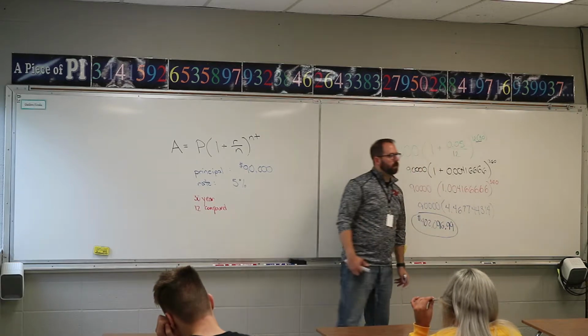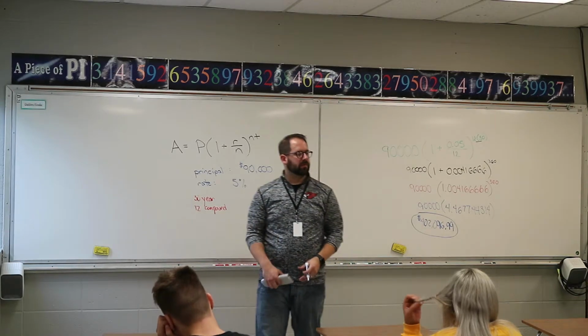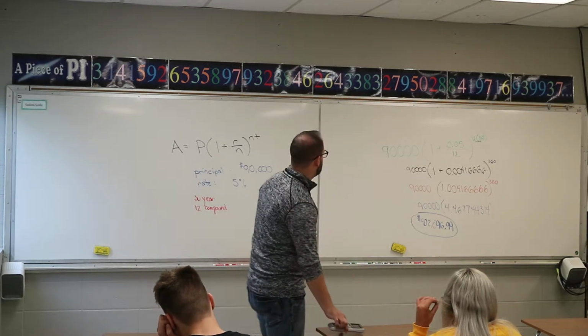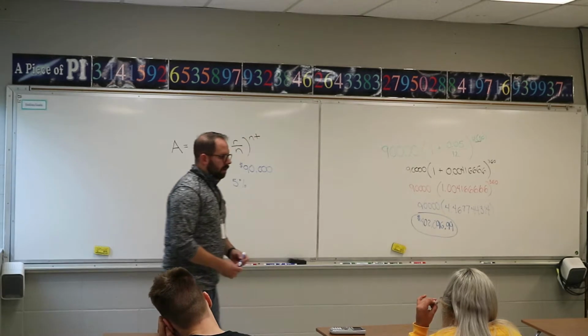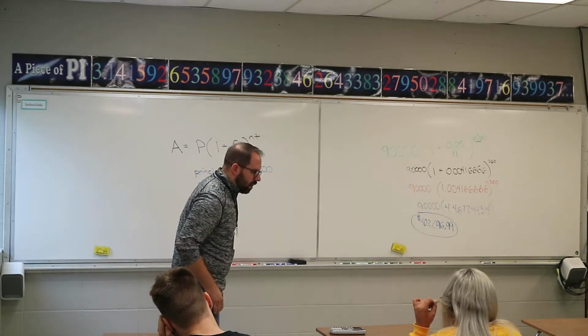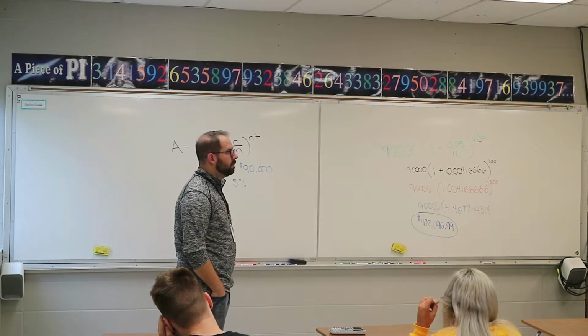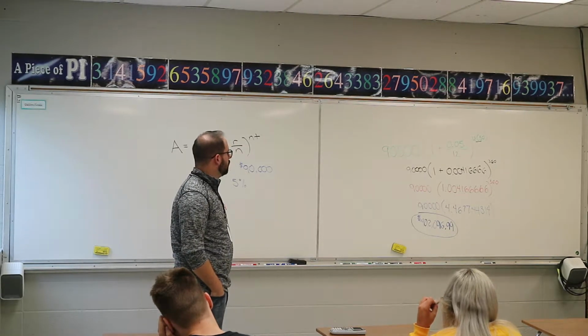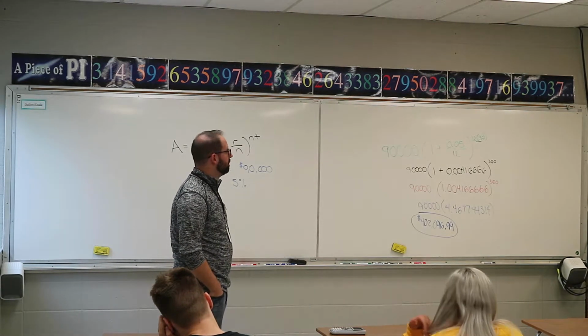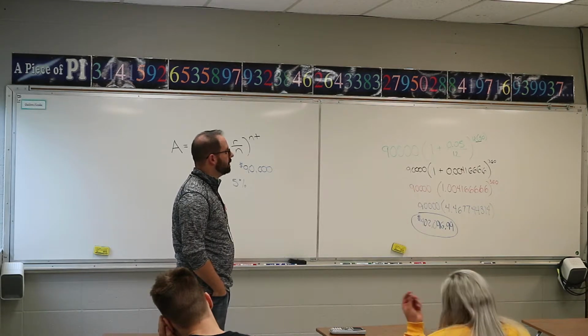There you go. It's a $400,000 home over 30 years at 5%. Questions at all about what I did there? It's a lot of interest, by the way. 5% interest is crazy.